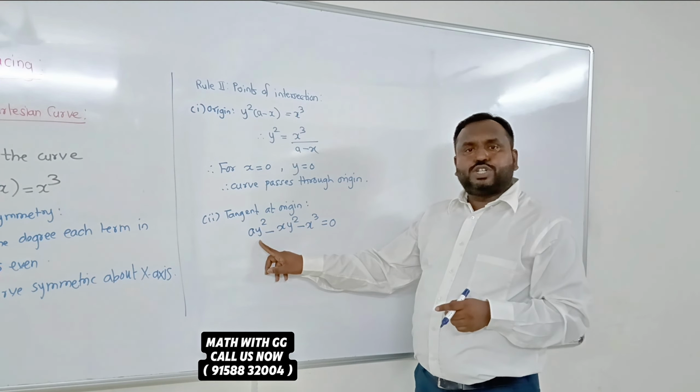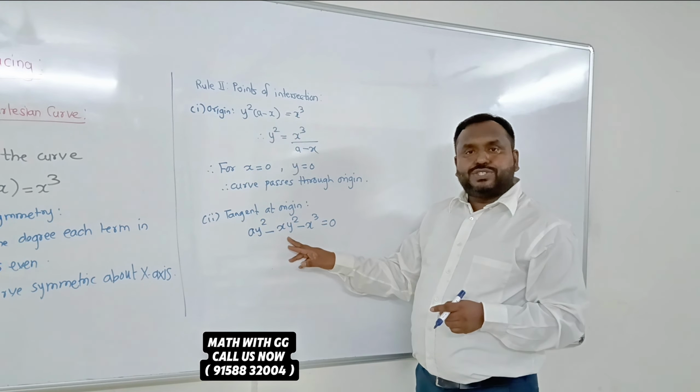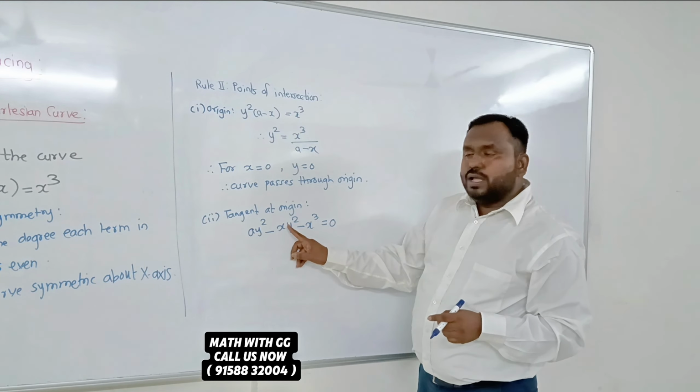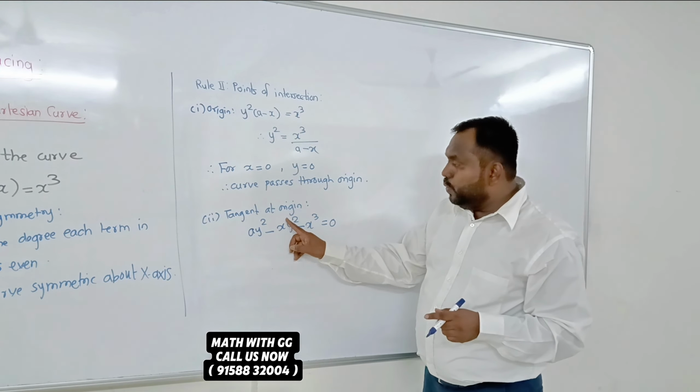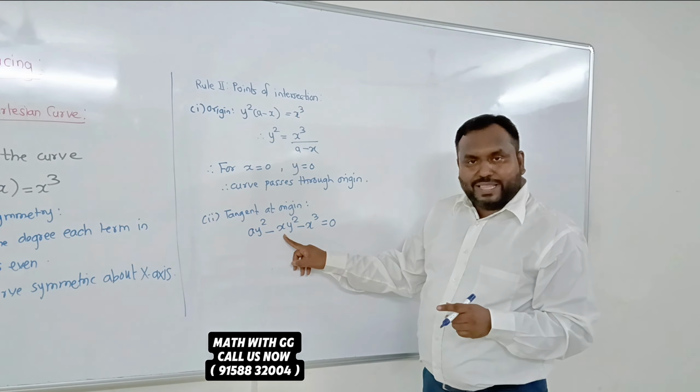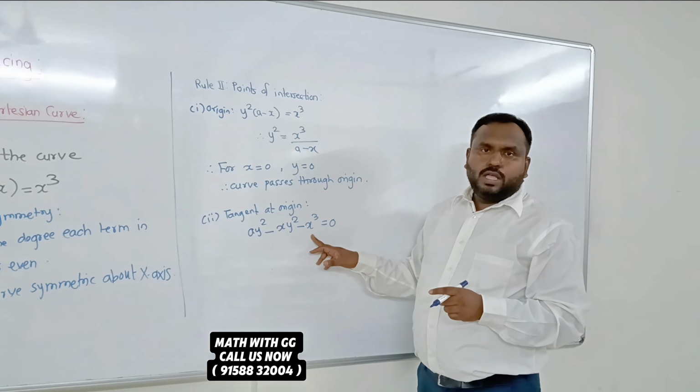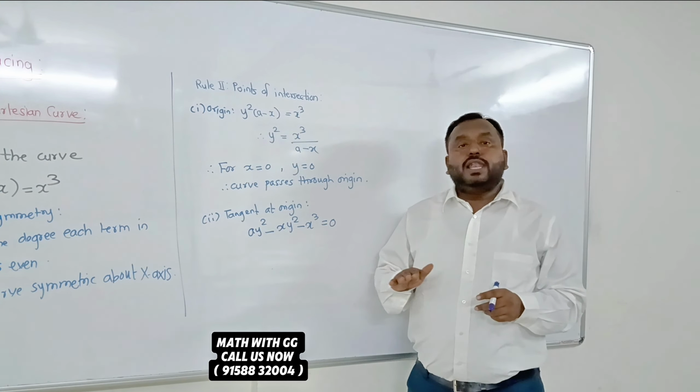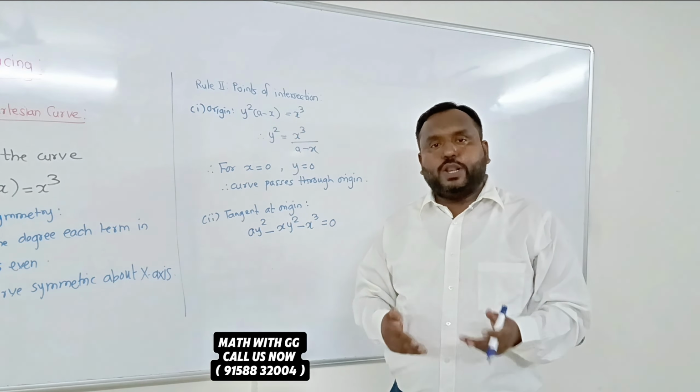Now let's check the degree of each term. The degree of the first term is 2. The degree of the second term is 3, as in x into y square the indices are added, 1 plus 2, so the degree of this term is 3. The degree of x cube is 3. So we equate the least degree term to 0.